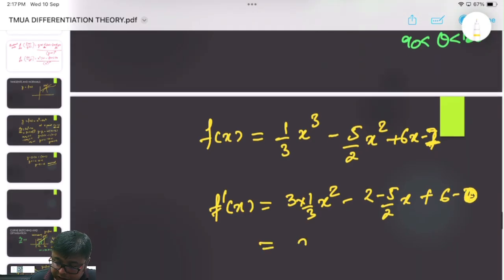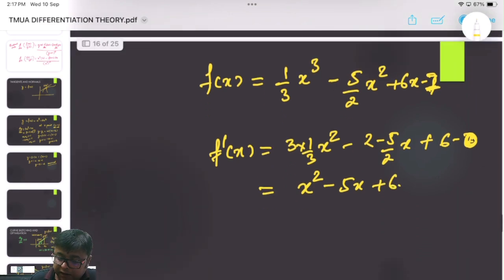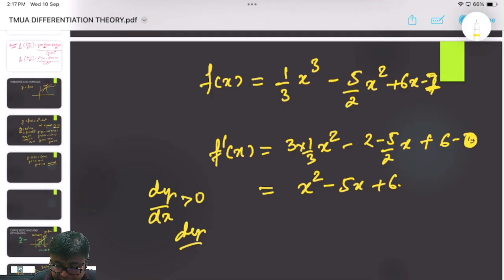So it gives me x square minus 5x plus 6. Now this is the derivative. Now the interval in which I have to find whether it's increasing or decreasing, I have to solve those inequalities, because dy by dx will be positive for increasing and dy by dx will be less than 0 for decreasing.